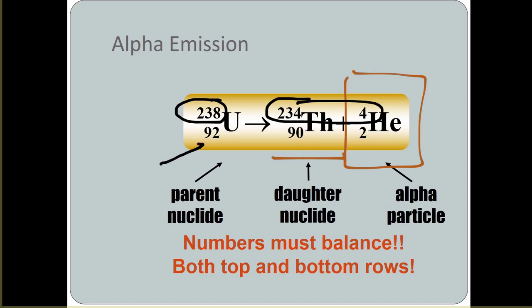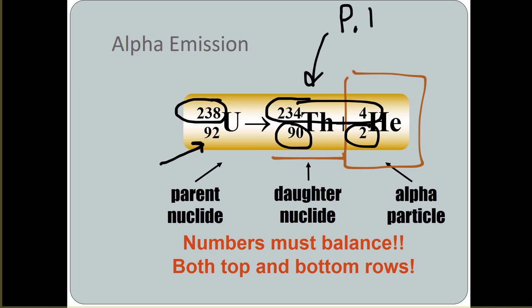And down here, again, this is the proton number or the atomic number. On this side, it's 92. If it flings out a helium nucleus, so we have two particles that left, what's the leftover? Well, we have 90.